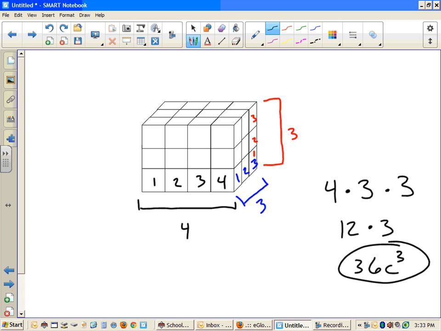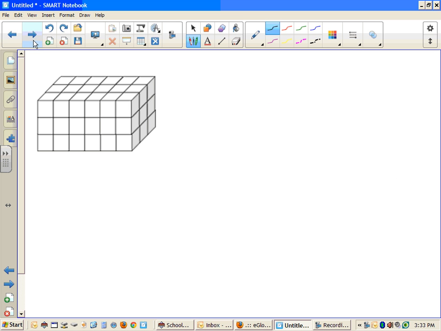So example number two. We got this one right here. There are many different ways of doing it, so let's do it the easy way. 1, 2, 3, 4, 5, 6. So one side is 6. Another side is 3, and the height is 3.